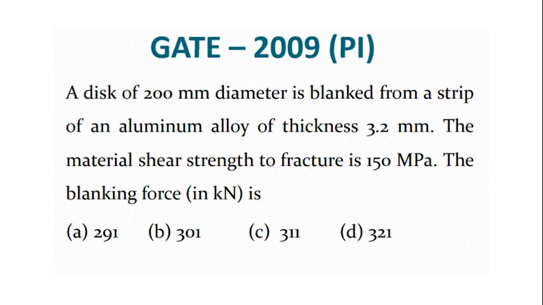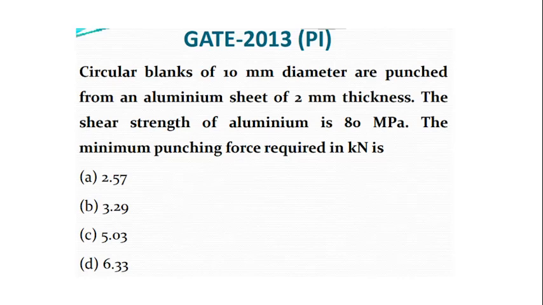Again, same only: pi d t tau is equal to F. You fill all the values. Everything is given, I guess. Then your option B is correct. It will come around 301.44 kilonewtons. Solve this question.